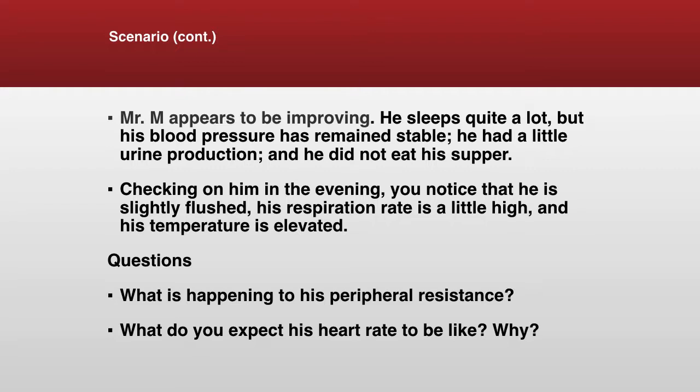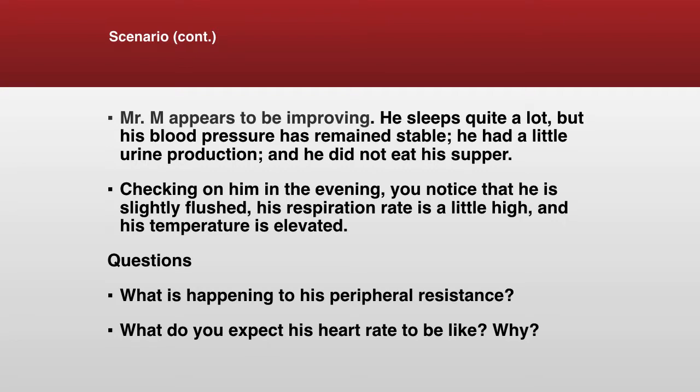What is happening to his peripheral resistance? Well, he's slightly flushed. That means that his peripheral resistance is decreased, right? Because that would mean that he had vasodilation. His respiratory rate is a little high and his temperature is elevated.